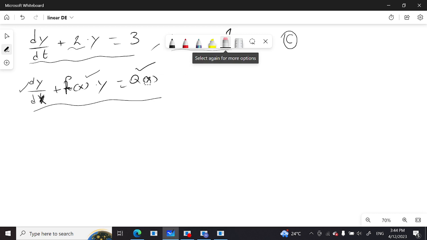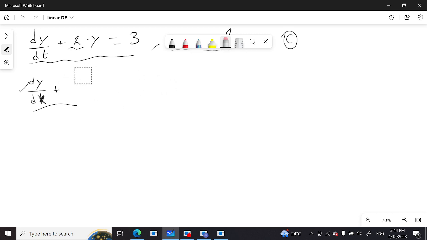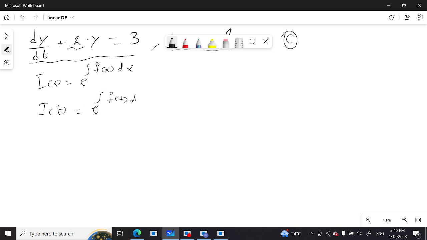Now the second step is to find the integration factor, which states I of x is equal to the exponential integral of f of x dx, or in our case I of t is equal to exponential integral f of t dt.